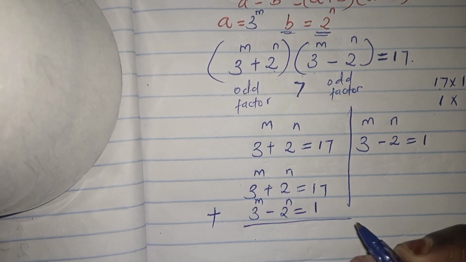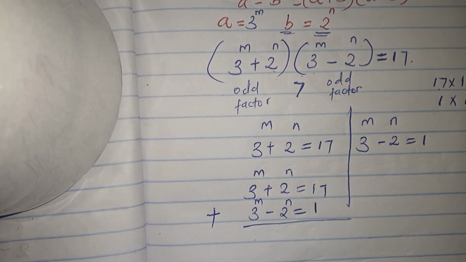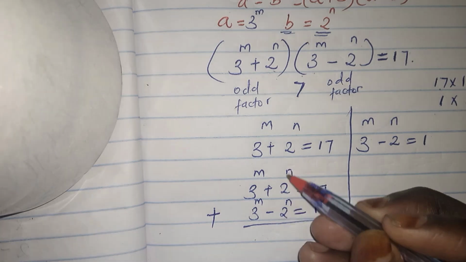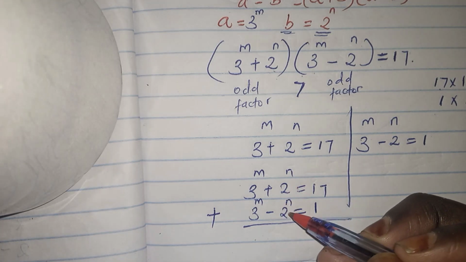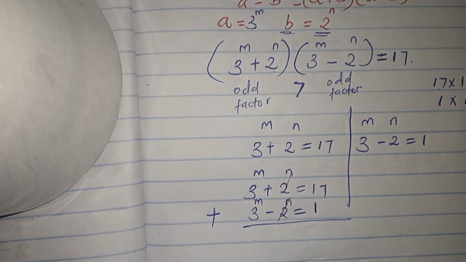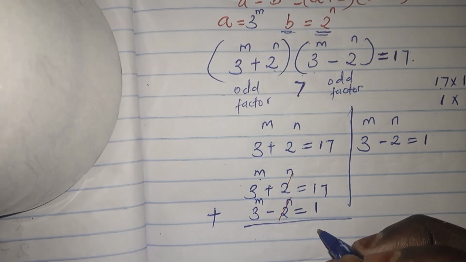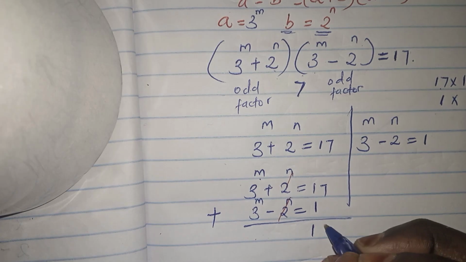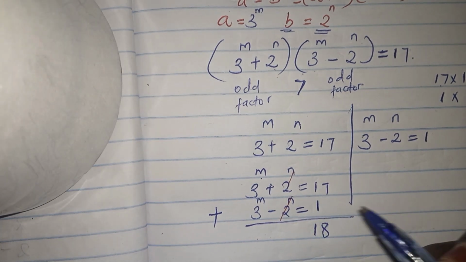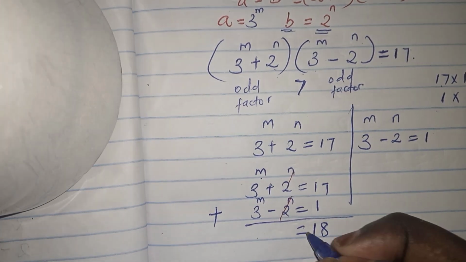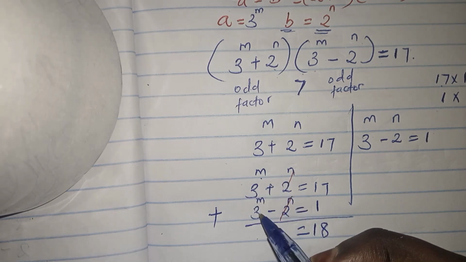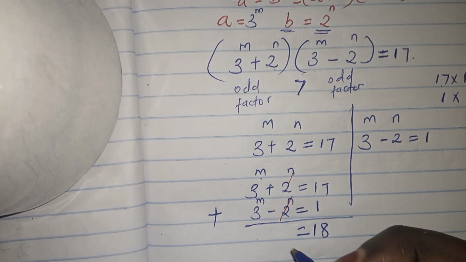So let us add. 2 to the power of n plus negative 2 to the power of n, this will cancel because it's 0. So 17 plus 1 is 18, is equals to 3 to the power of m plus 3 to the power of m.